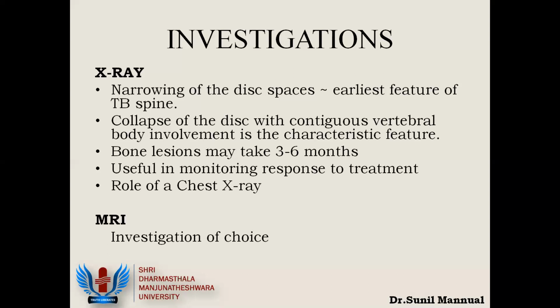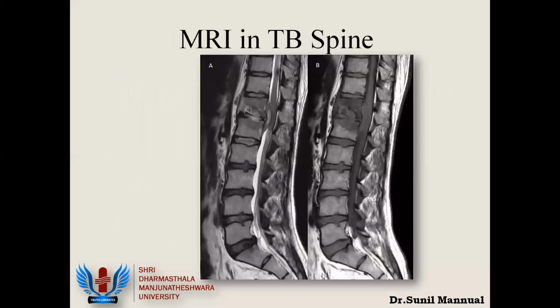As per the law of India, it's mandatory that an orthopedic surgeon or any doctor who is making a diagnosis of extrapulmonary tuberculosis should have a chest X-ray, as well as should be able to convince the patient and get a HIV testing done. So no offense on the patient.